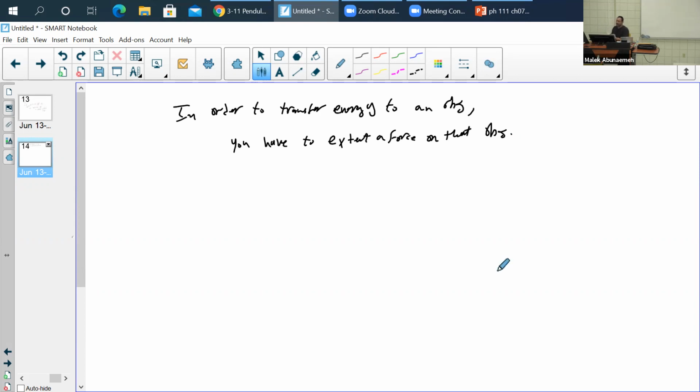In order to transfer energy to an object, you have to exert a force on that object. That means your work is your force multiplied by your displacement multiplied by the cosine of the angle between them. F is the force, d is the displacement while the force is on it, and the angle is the angle between them.